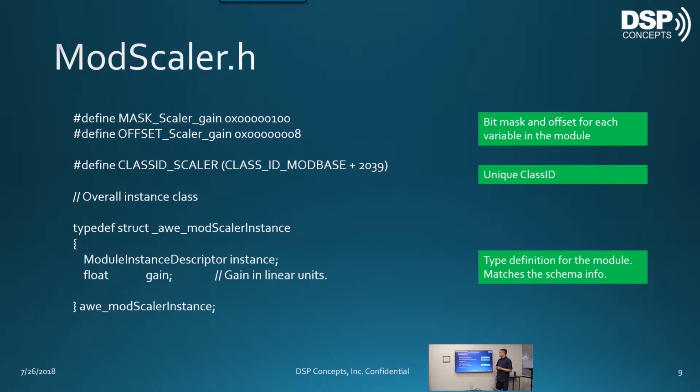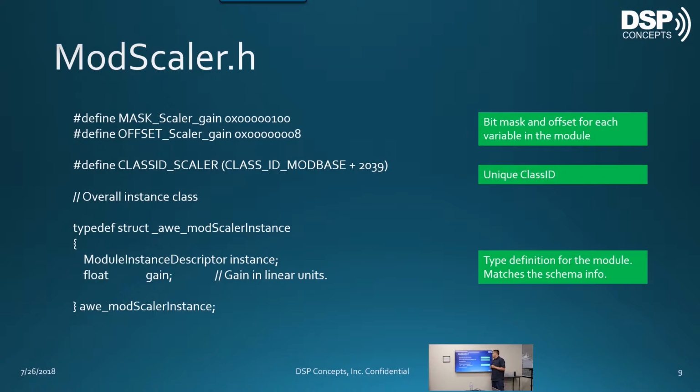Okay. What also happens is we generate an object ID for this module, and I'll show you where that comes from. Down on the target, this module has an object ID of 2039. So we can essentially find this module down on the target based on its object ID.